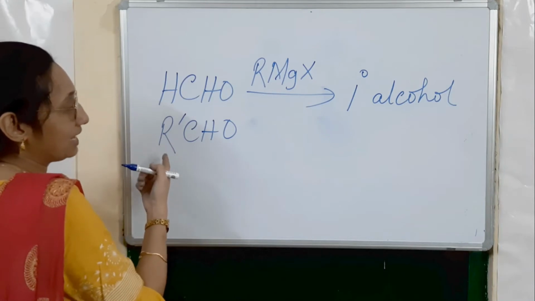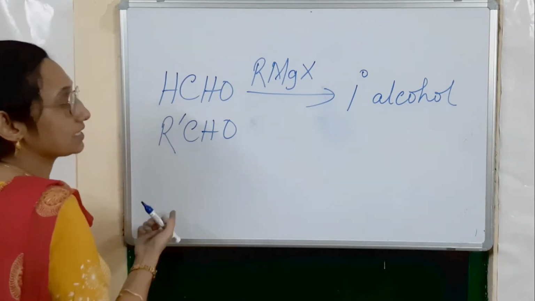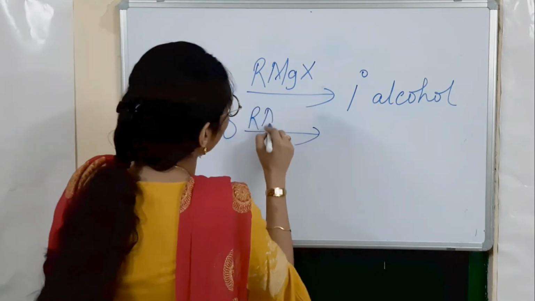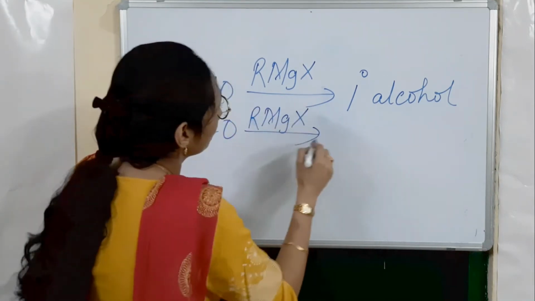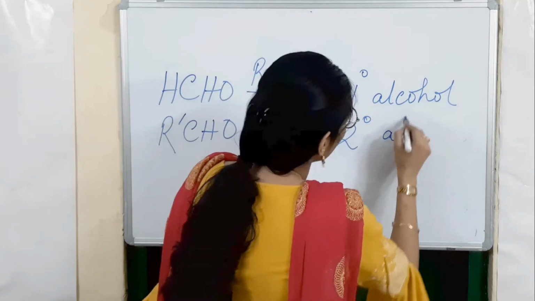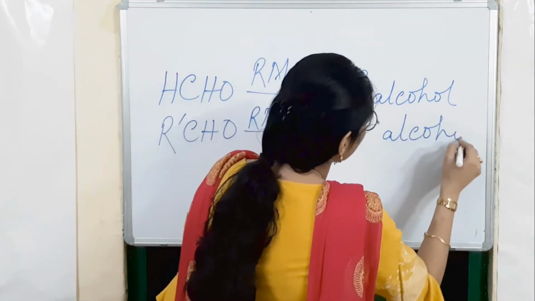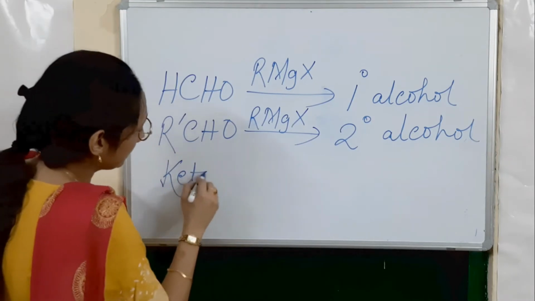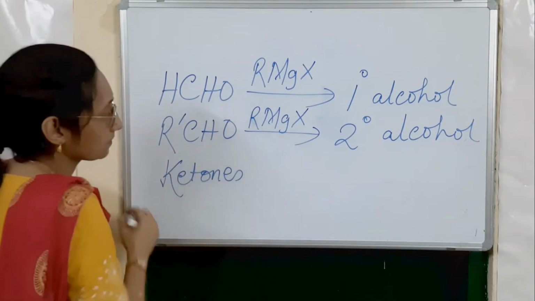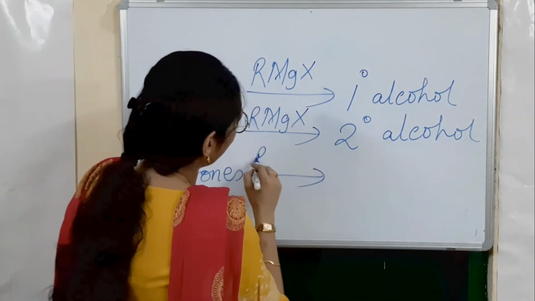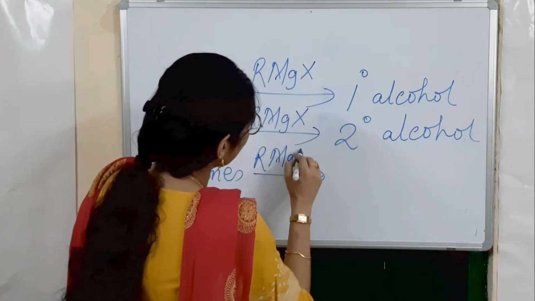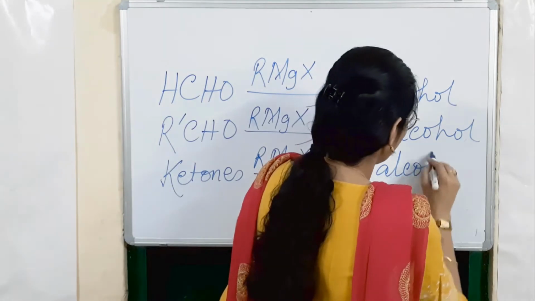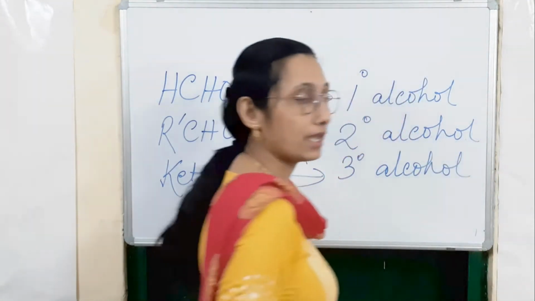If it is methyl, then it is acetaldehyde, it can be propanaldehyde. So this with Grignard reagent will give you 2-degree alcohol. And what about ketones? Ketones with Grignard reagent will give you 3-degree alcohol.